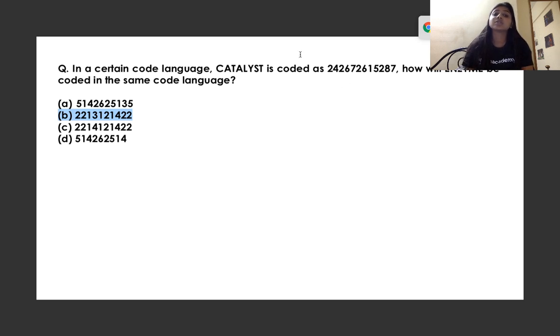Yes, Ayush. As I told you, we have done the coding. You know there are 26 letters in the English alphabet, right? If you mark it like A1, B2, C3, but here they have marked it in the reverse order: A26, B25, C24, D23, E22 and so on.